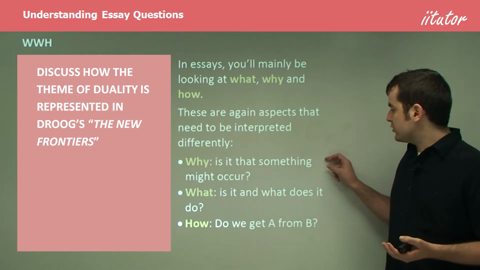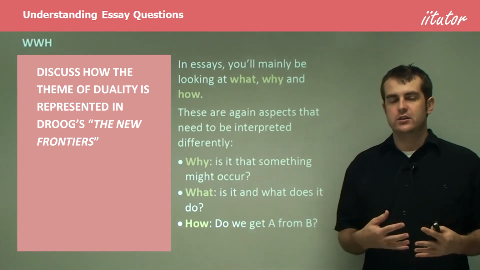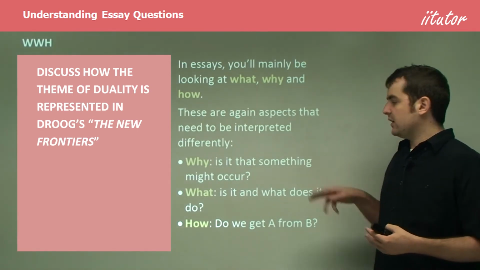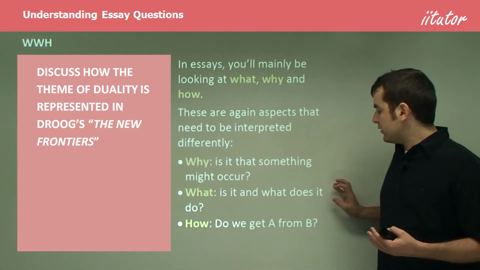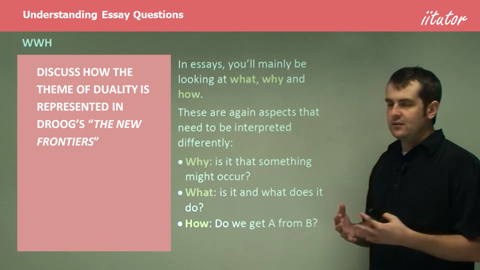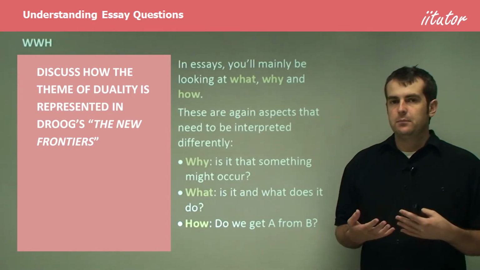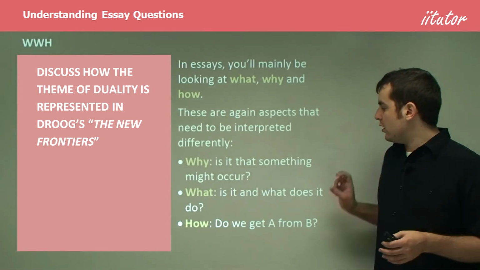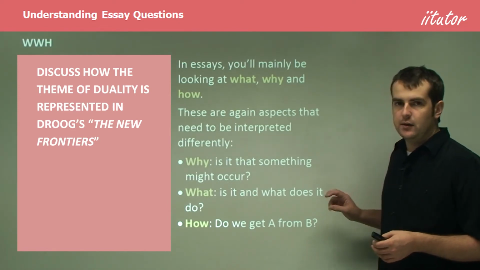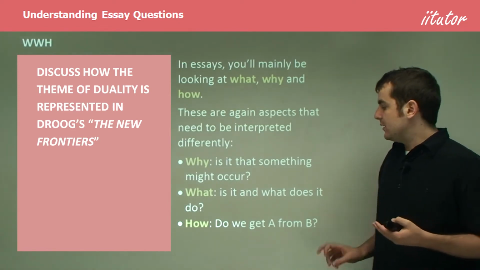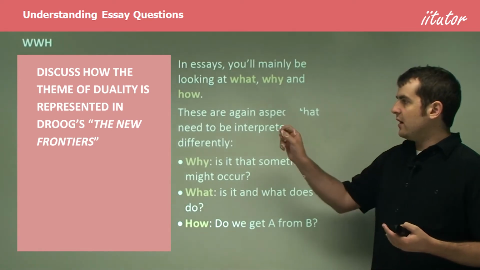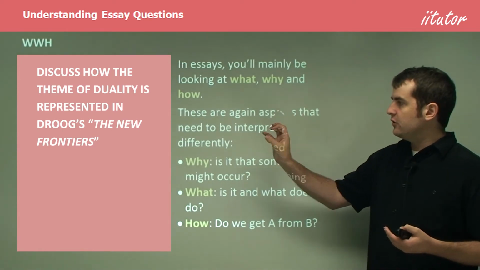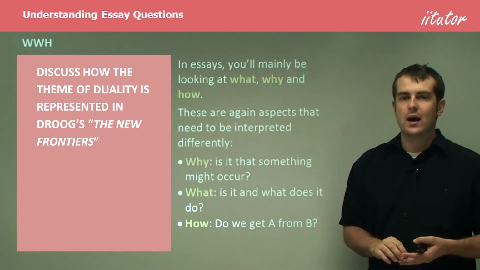So a why question might be asking you to challenge and critique something in the text and give your own interpretation about why it is done in such a way. A what question is asking you to identify something in the text, develop that identification, and really work out what it is trying to do, particularly if you're talking about a theme. In this case, we're talking about a theme in a different way, as in how do we get from the idea of druids and new frontiers to this idea of duality.